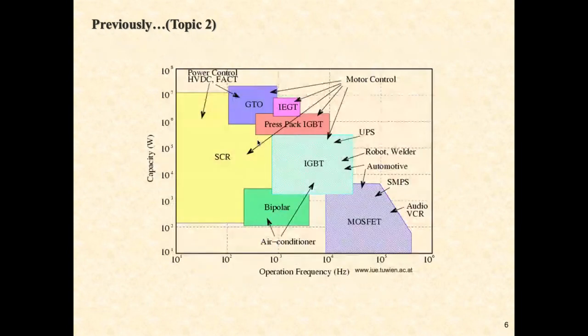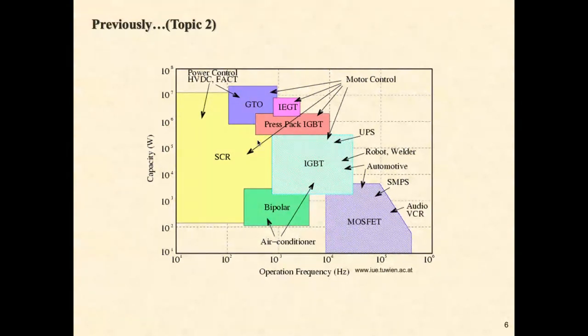And then in topic 2, we learned transistors and diodes, right? Why? It is because the electronic switch is made of a combination of transistors and diode, right? So those two components are very, very important in that kind of converter.